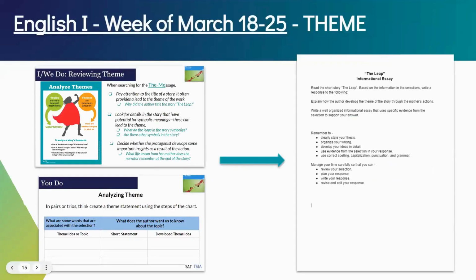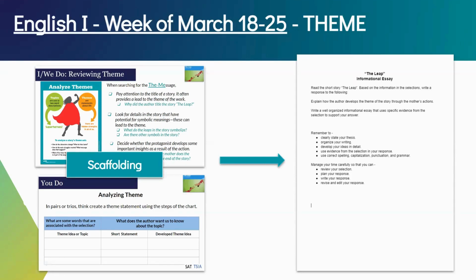So in English 1, during the first week of instruction after spring break, the students will be reading a short story, during which students will be analyzing theme and creating theme statements based on the events and the characterization within the story. So during instruction, there are questions that teachers can ask students and a graphic organizer for students to complete. Both of these are examples of scaffolding.